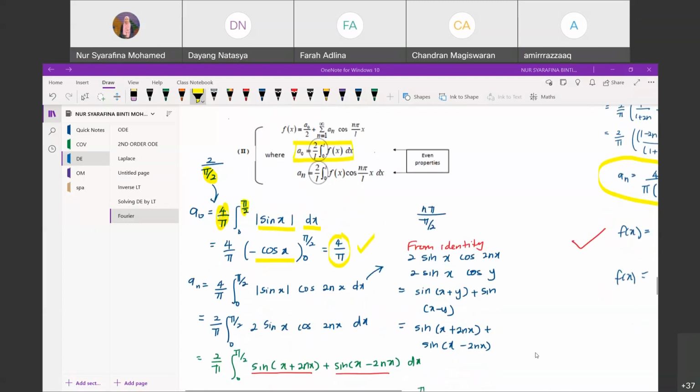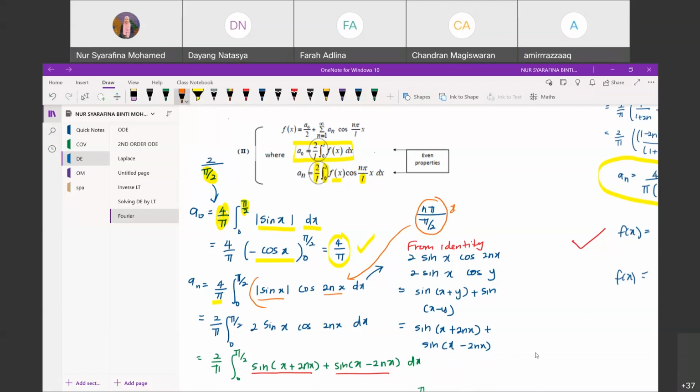So finding an should be 2 over L integrate from 0 to L f(x) cos n pi over L x. Okay, so now 2 over L is the same as 4 over pi. f(x) is sin x, times cos n pi over L x, where n pi over 2 x will give you cos 2nx, dx.